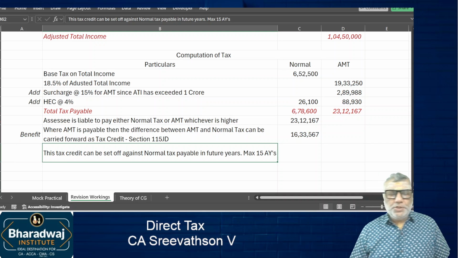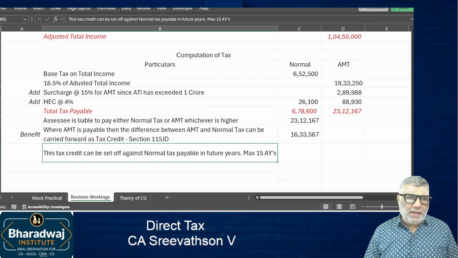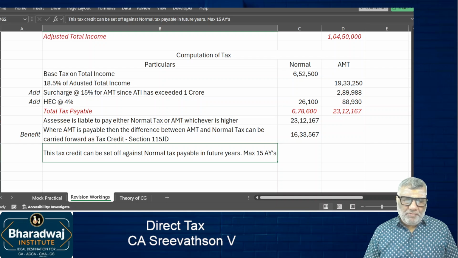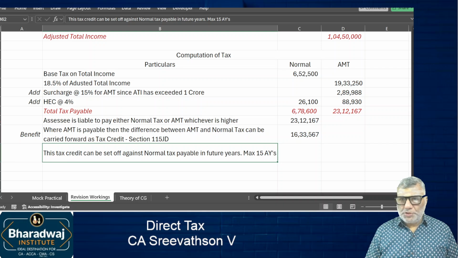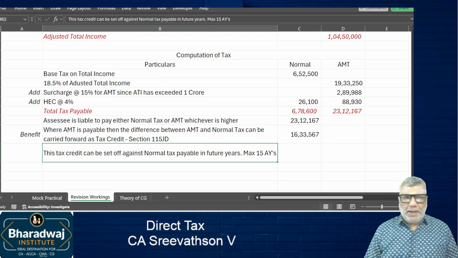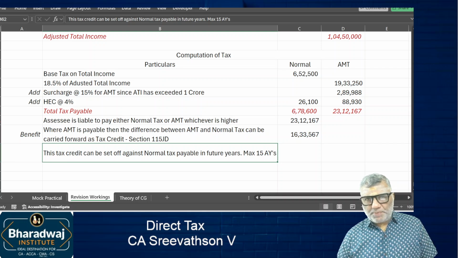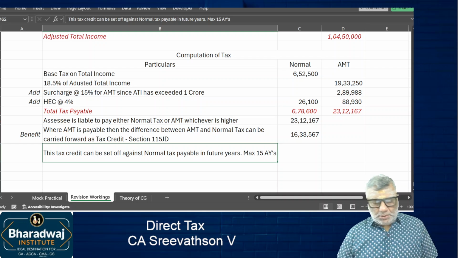Okay, friends. So whenever we are claiming 10AA, 35 AD, in our mind we should be very clear: if the question asks for tax payable, we should also do AMT provisions. We will continue with the PGBP after some time in the assessment of individuals.